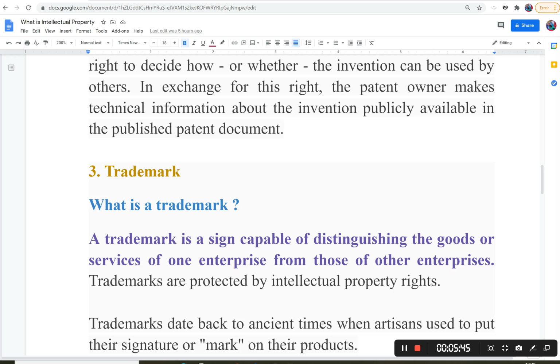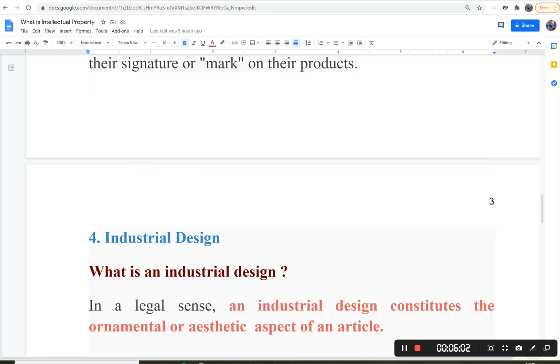That is the useful purpose this sign serves.